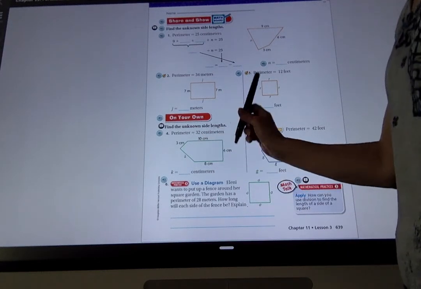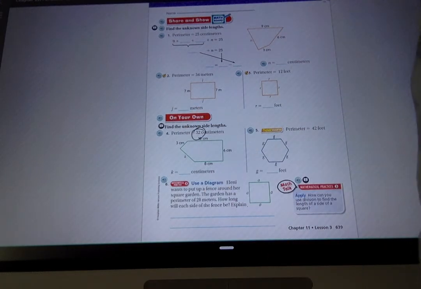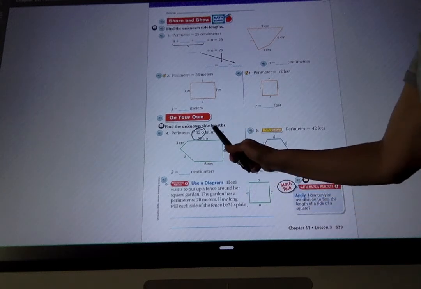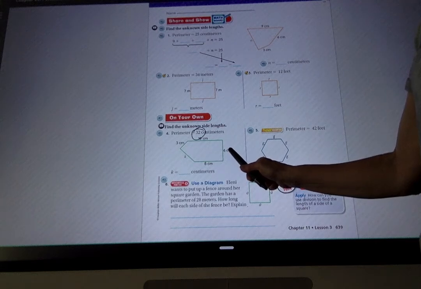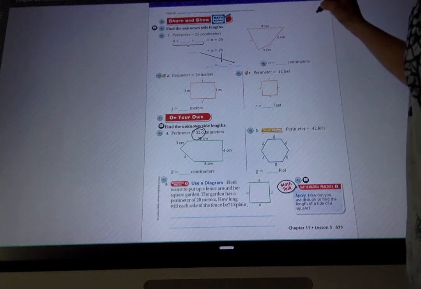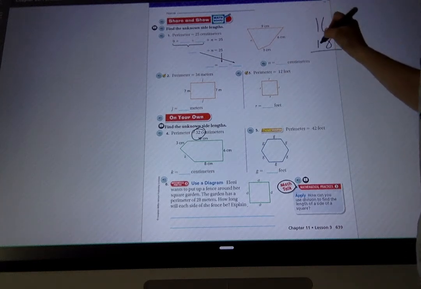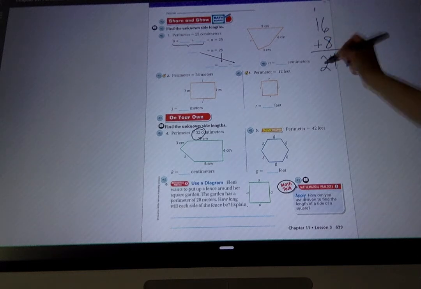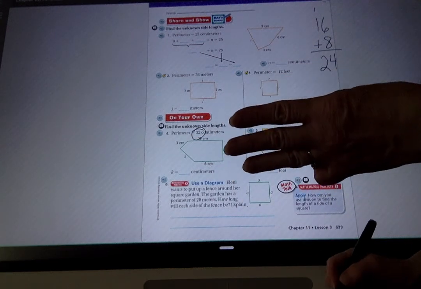Let's count. Well, first of all, we know the perimeter is 32, so let's circle that. Now let's count what we already have. 10 plus 6 is 16. 16 plus 8. Let's see, that's 14. Carry a 1. 24 plus 3 more, 25, 26, 27.